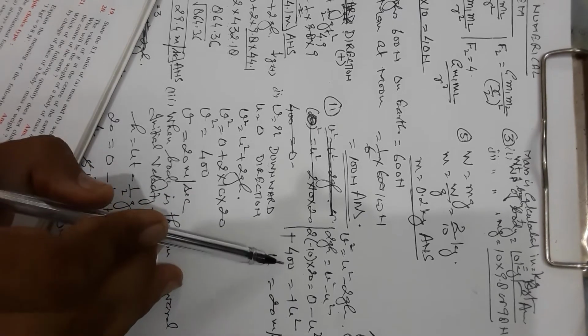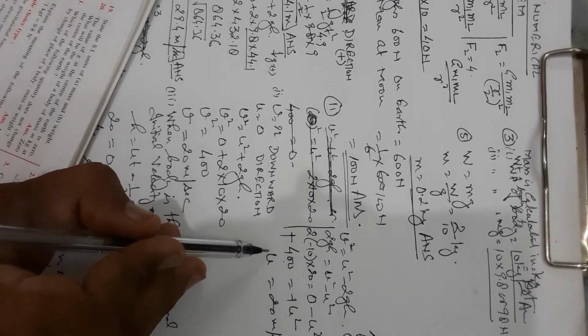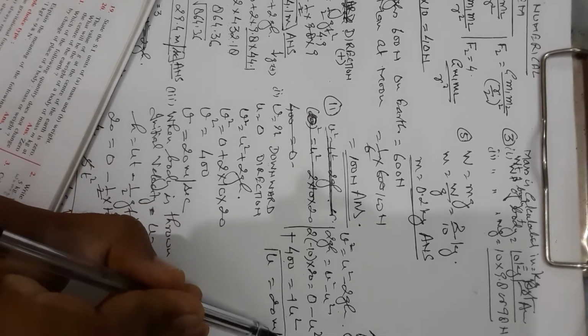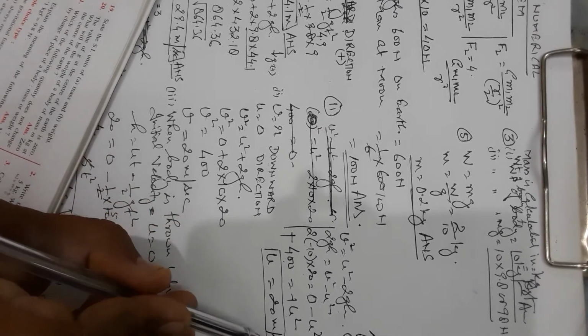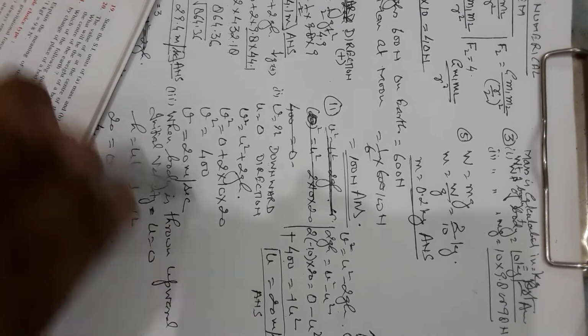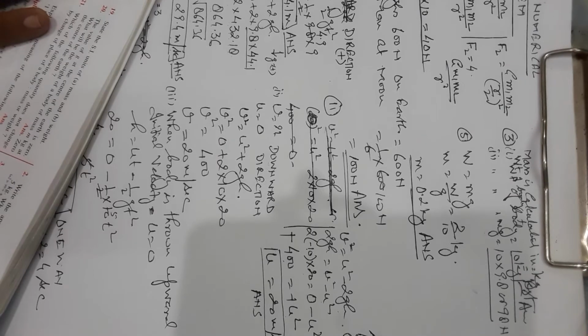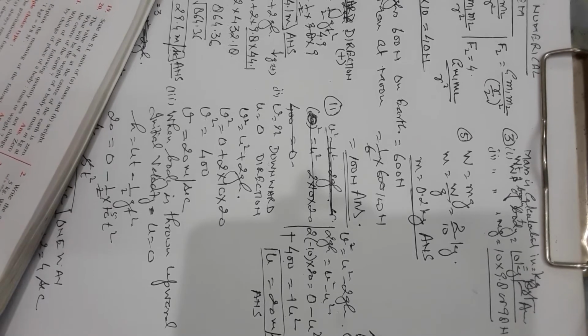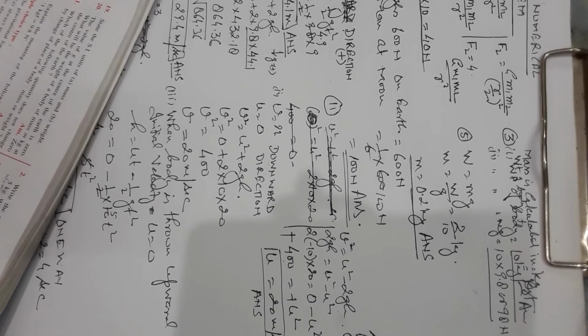So u square is equal to 400. So the initial velocity is 20 meter per second. First answer: the initial velocity by which the ball is thrown is 20 meter per second.